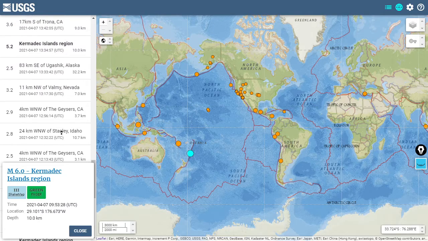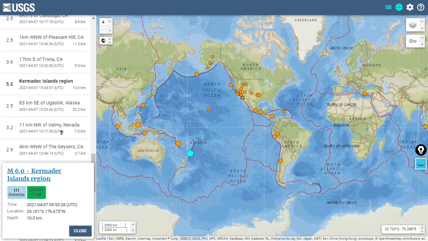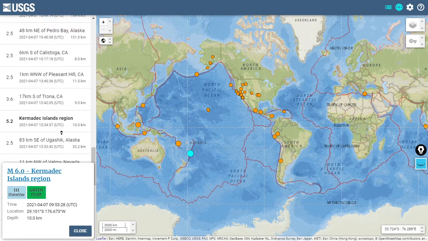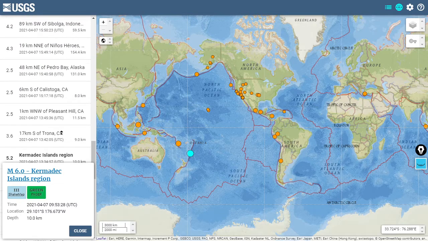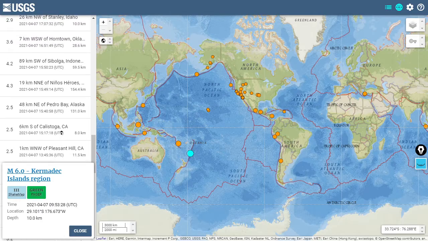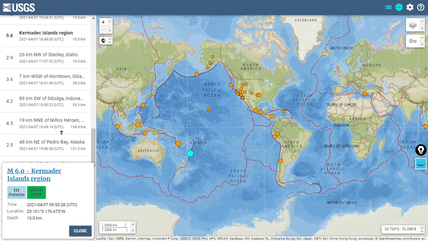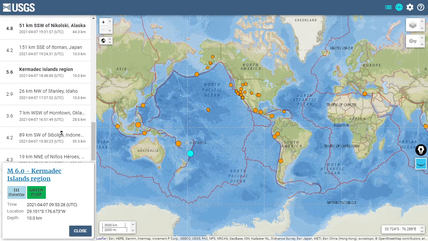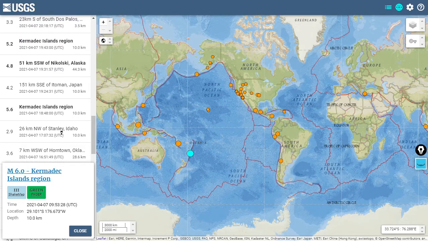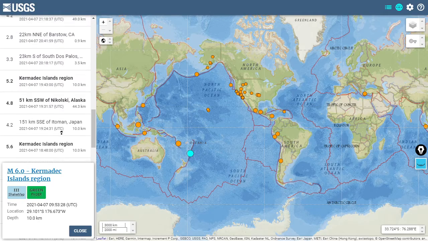So we see some deep quakes under Denali and Idaho, and the Geysers, California, Pleasant Hill, California. These are all like in the 2 magnitude range. Also a 5.6 aftershock there in the Kermadec Islands.